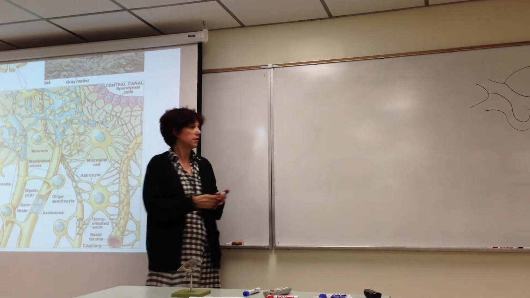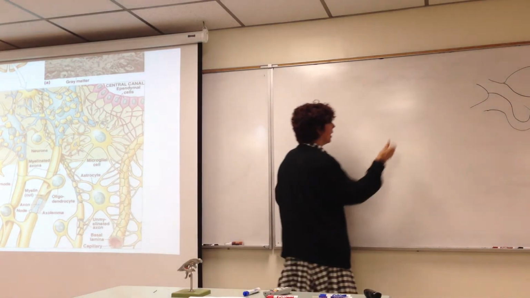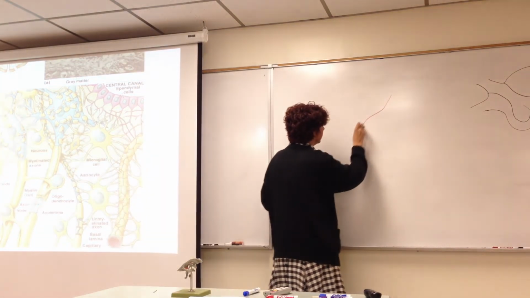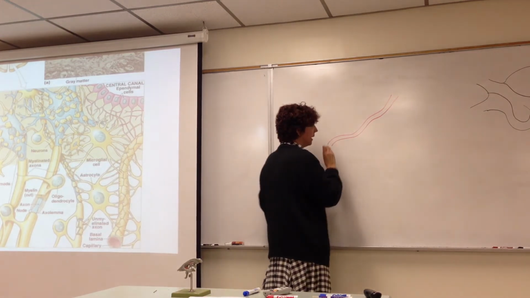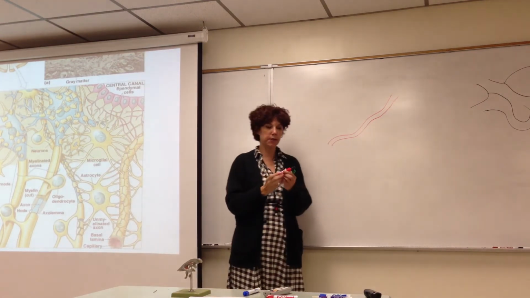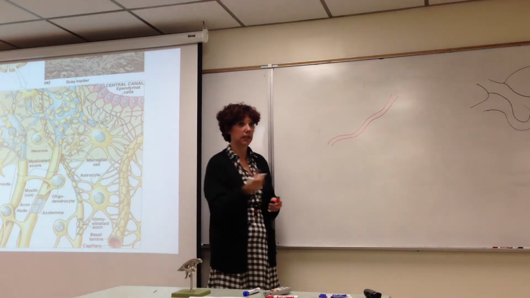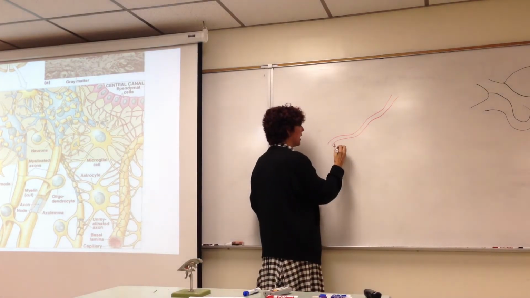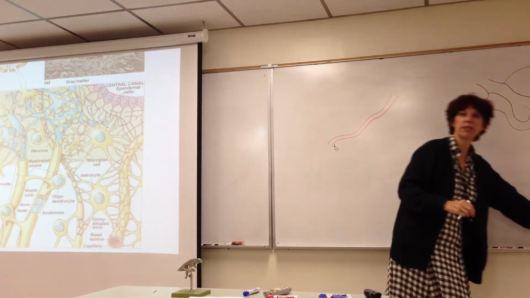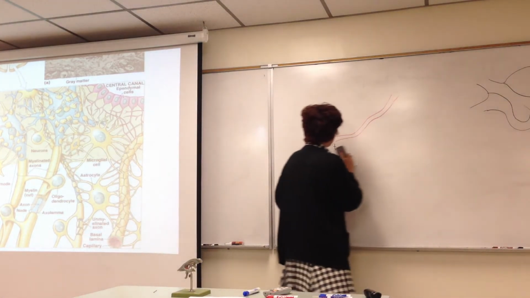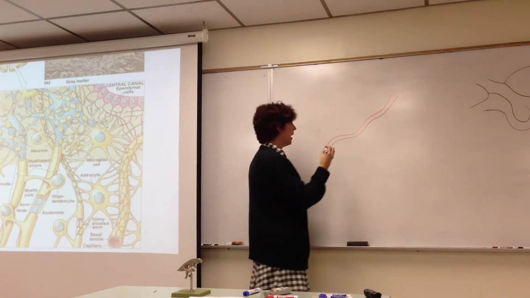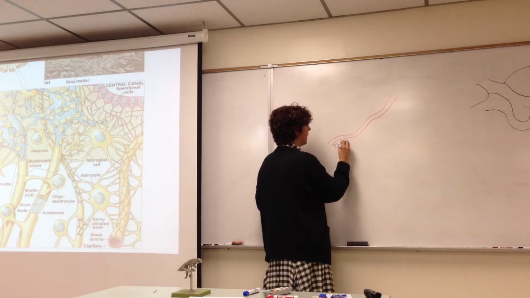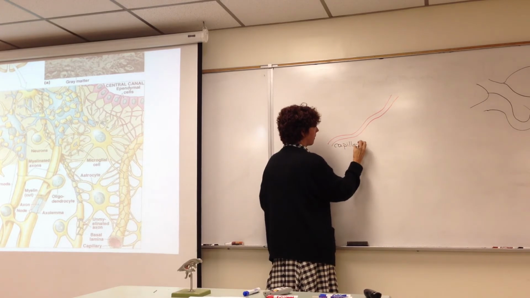Right? So here would be a capillary. And when we talk about blood vessels, capillaries in the brain, we use the term the blood-brain barrier. And I talked about that briefly when we were talking about junctions. And I said capillaries in the brain have lots and lots of tight junctions, and that creates a blood-brain barrier.